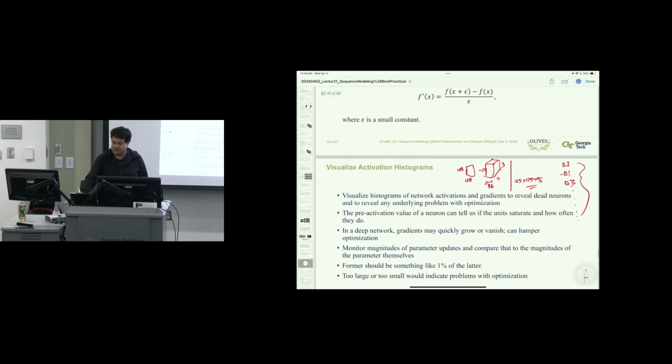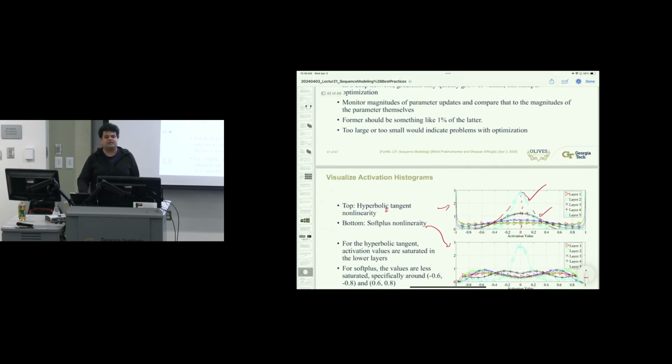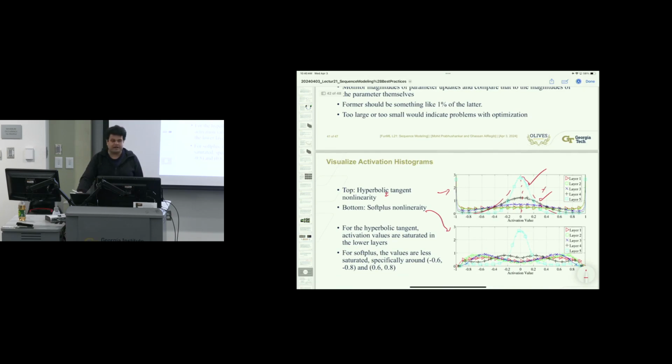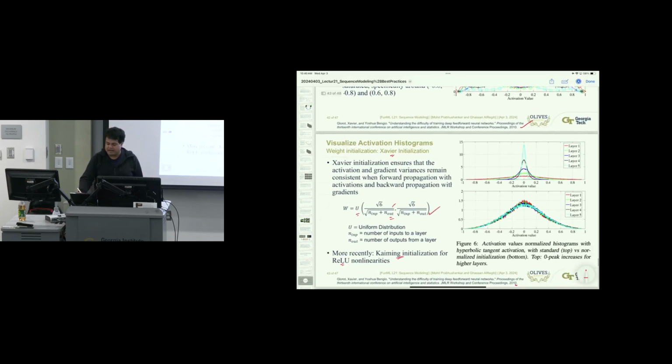It's basically a histogram of your activation map. This is showing you that this activation map saturates over time, which is not a good idea. But if you initialize it differently, with these weights, it's not going to saturate. That is essentially what these two graphs are showing you.